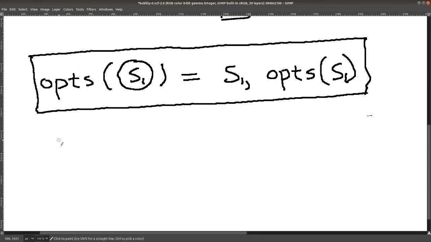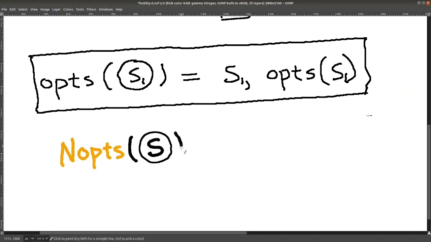On the left side is just going to be nops. So the orange numbers for the state contained by a bubble is equal to n of this side, so the pink number of that state, and the orange numbers of that state.